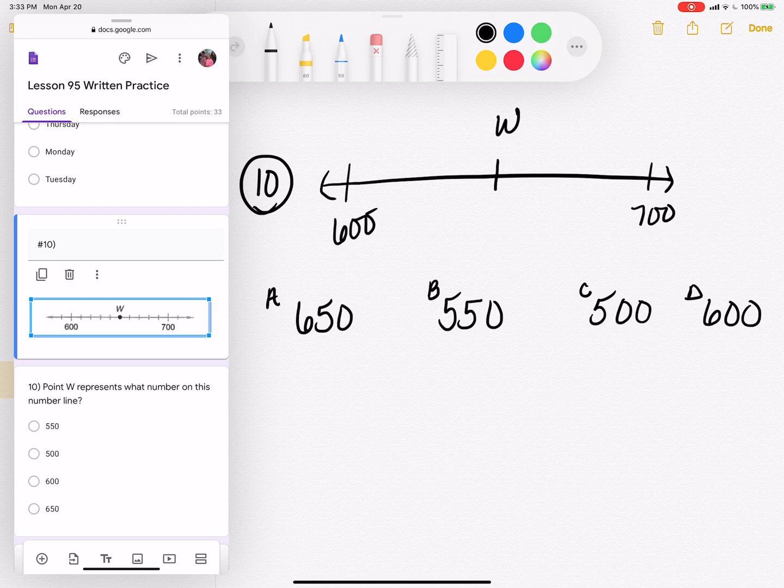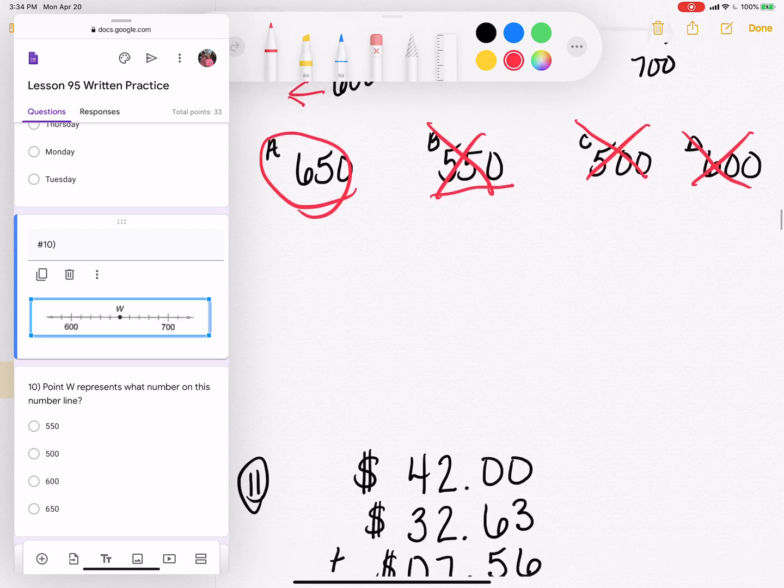But this one you could also figure out using common sense if you didn't know what they were counting by or just really couldn't figure it out. It can't be 550 because that is located back here. It can't be 500 for the same reason, and it can't be 600. So it has to be 650. Does that make sense? It's right in the middle of 600 and 700. Yes, it is 650.